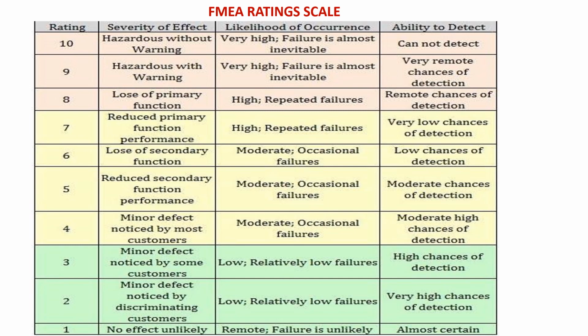Similarly, for the occurrence scale, a number 10 indicates that the likelihood of occurrence of failure mode is very high and the failure is almost inevitable. Whereas as we go down, the number 1 indicates that the occurrence is likely to be remote and the failure is unlikely.